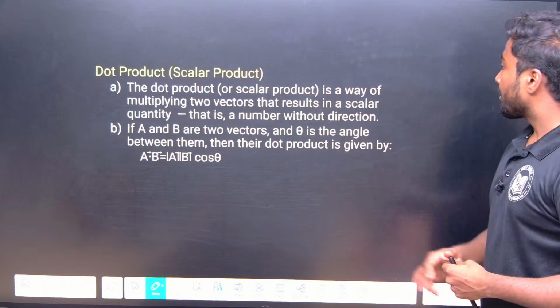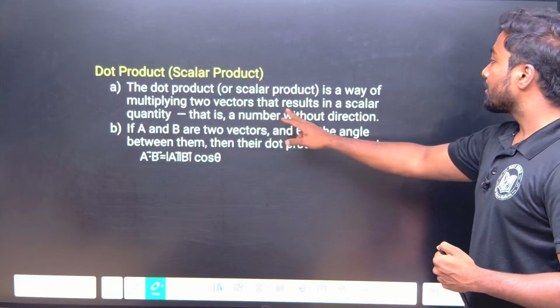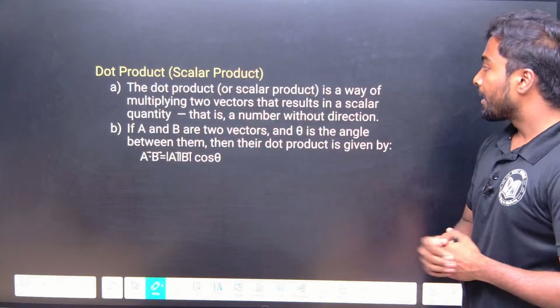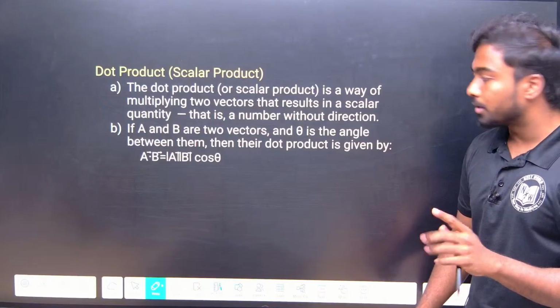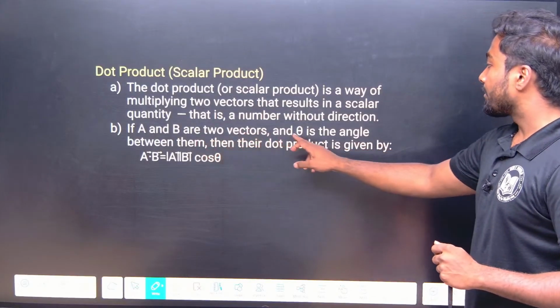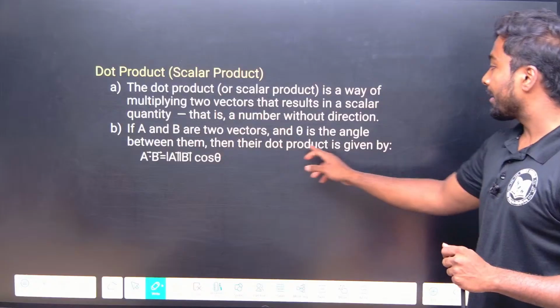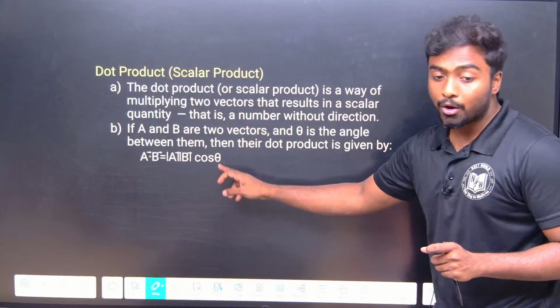The dot product is a way of multiplying two vectors that results in a scalar quantity, that is a number without direction, only the number. If A and B are two vectors and theta is the angle between them, then their dot product is given by AB cos theta.